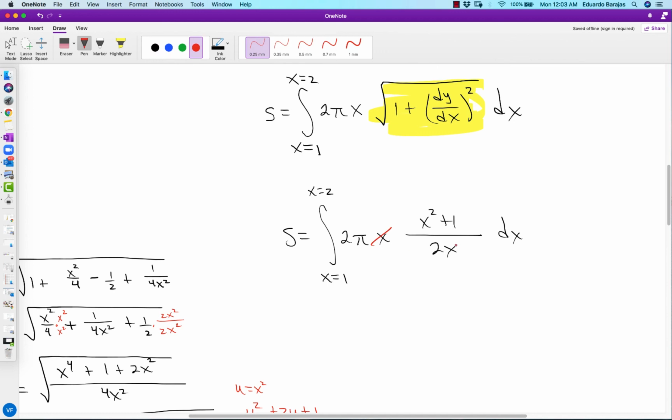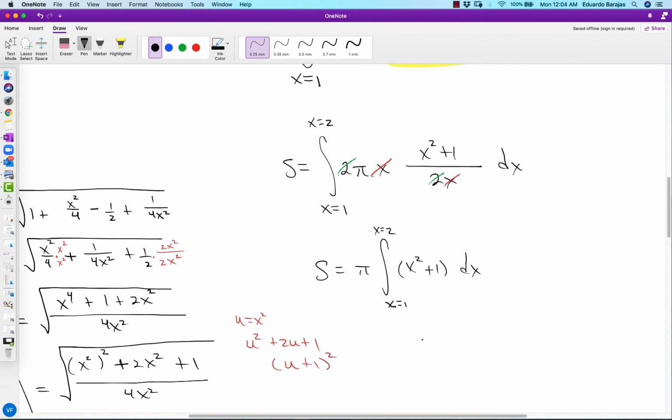The x cancels with this x, this 2 cancels with this 2, and so I can pull the pi out and say that s is equal to pi integral as x ranges from 1 to 2 of just x squared plus 1 dx, which means that s equals pi, and then this is just going to be 1/3 x to the third power plus x evaluated as x ranges from 1 to 2.